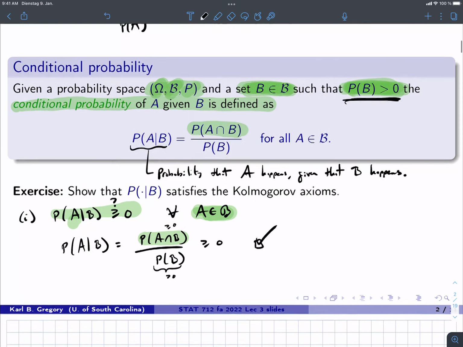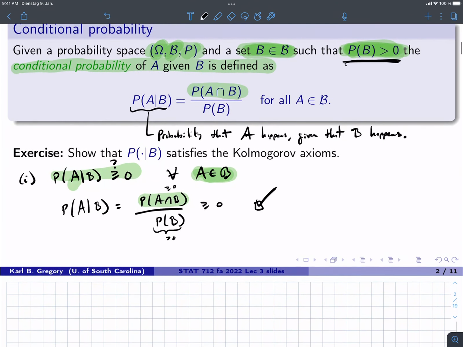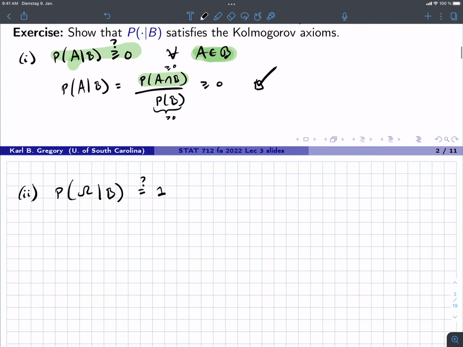So the first of the Kolmogorov axioms is satisfied by this new function which we're calling the conditional probability. The second one is if I put in the entire sample space, will I get 1? That's the second Kolmogorov axiom.